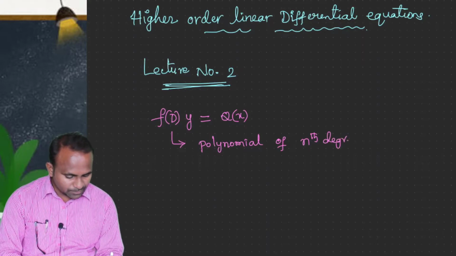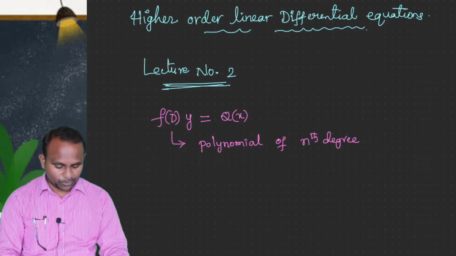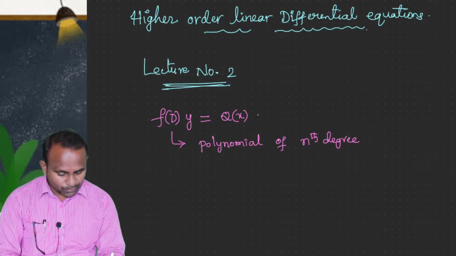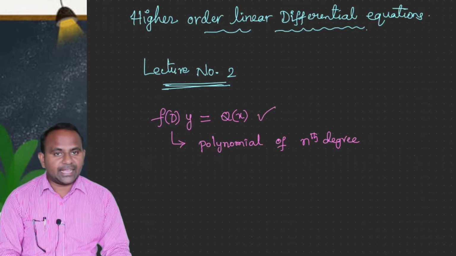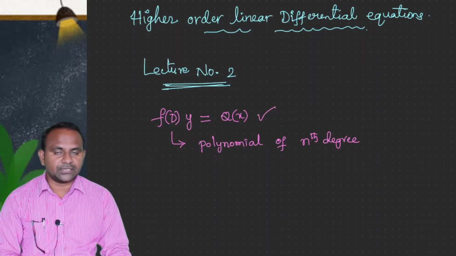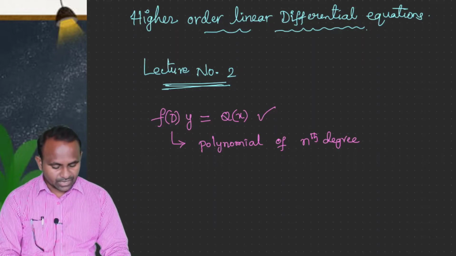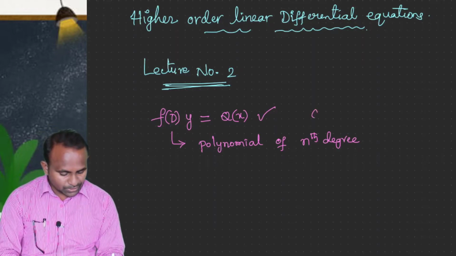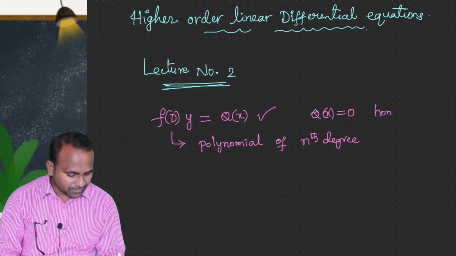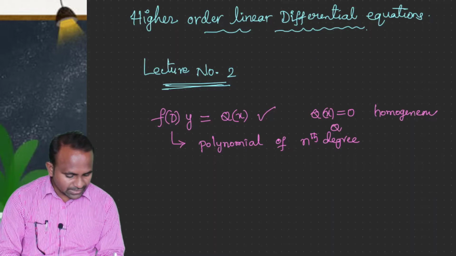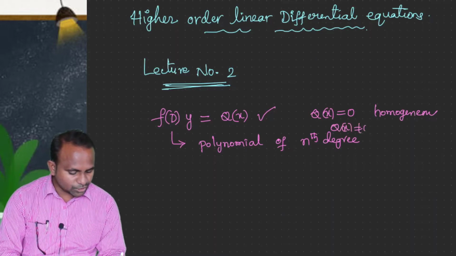Whenever f of D is a polynomial of nth degree, this equation will be a higher order linear differential equation with constant coefficients. If Q is equal to 0, this equation is said to be homogeneous. Whenever Q is not equal to 0, this is said to be non-homogeneous.